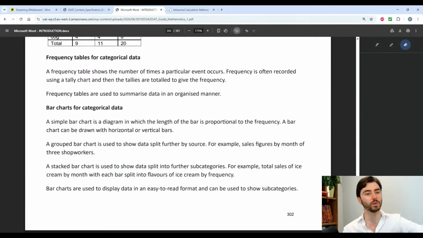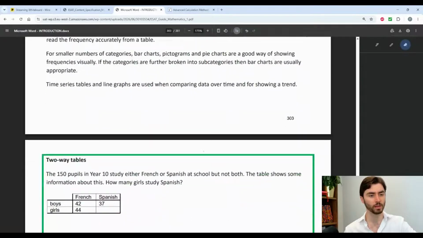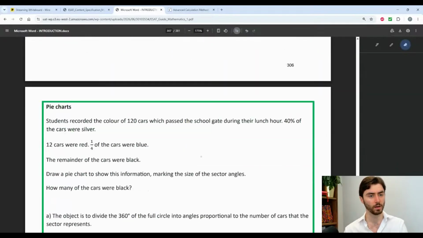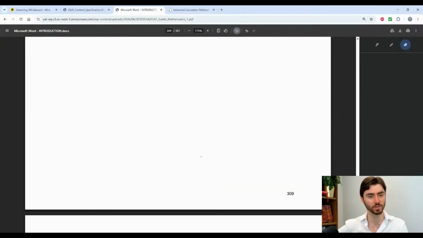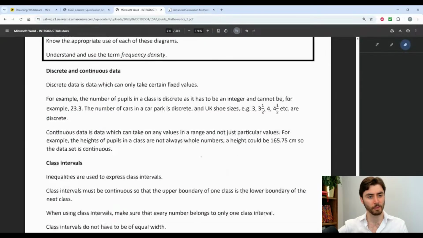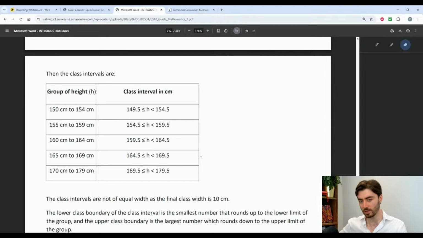So frequency tables, bar charts, boring. This is all boring. Two-way tables, boring. All of this boring. Pie charts, pictograms, you're just not going to get it. Vertical line charts, not likely. I'm only going to do the stuff I think is likely to come up. So this kind of thing could come up, but this would take time.